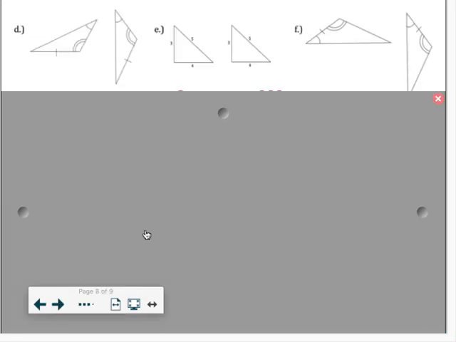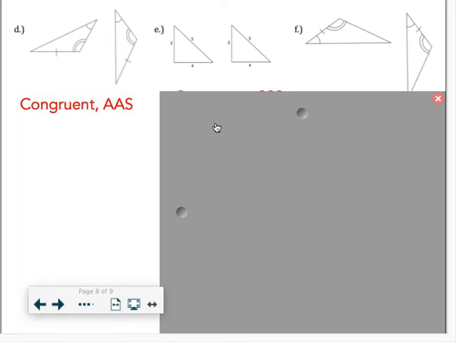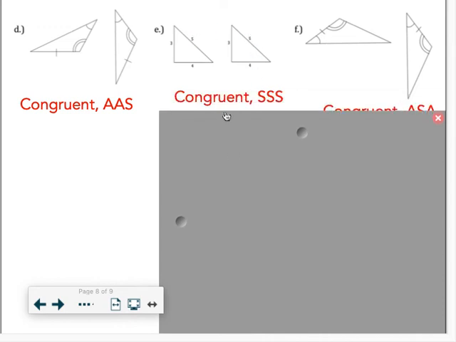Checking out the last four. On D, it looks like I have angle, angle, side, angle, angle, side. The markings are the same on both triangles. So angle, angle, side is my justification. Now on E, they gave us the numbers 3, 4, 5, 3, 4, 5. They are congruent by SSS, side, side, side.